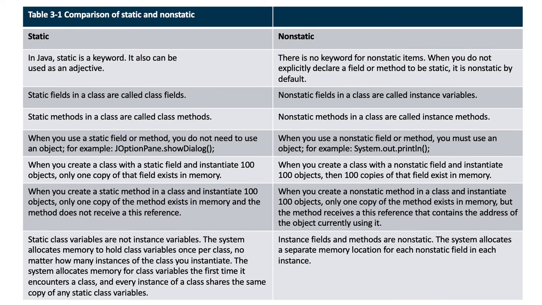Static class variables are not instance variables. The system allocates memory to hold a class variable once per class, no matter how many instances of the class you instantiate. The system allocates memory for class variables the first time it encounters a class, and every instance of a class shares the same copy of any static class variables.